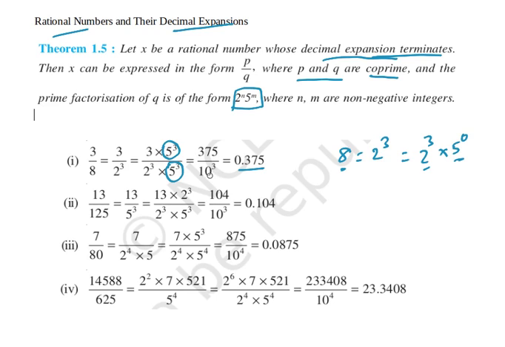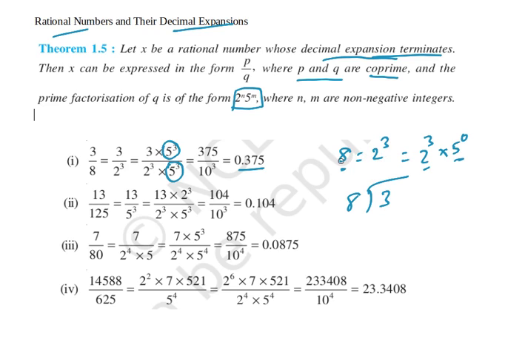Since we are dividing by 1000, 3 decimal places will come, right? Like this we can get it directly, or otherwise we can divide 3 by 8 also. We'll get the same decimal expansion.